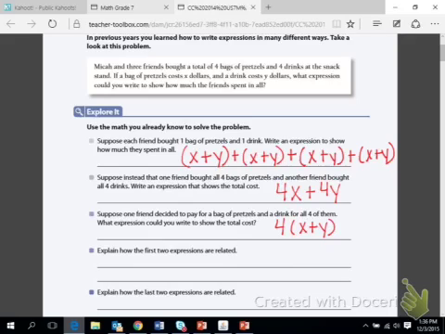Both expressions have in common the fact that they contain 4 x's, or 4 bags of pretzels, and 4 y's, or 4 drinks. And they are being combined through addition as well.